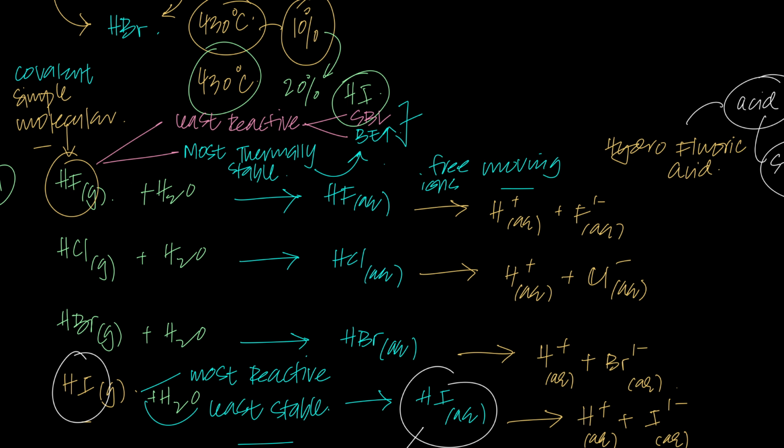It was thermally the most stable and whatnot. And then hydrofluoric acid was also the weakest acid because it did not dissociate as much as hydroiodic acid, and the reason for that was the strength of the bond, which depended on bond energies and the length of the bond. Maza aaya? So all these three things are different.